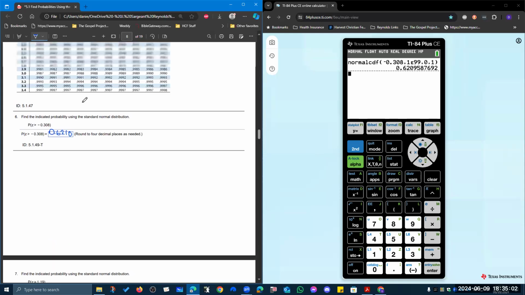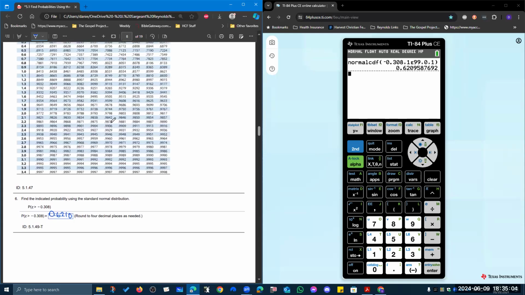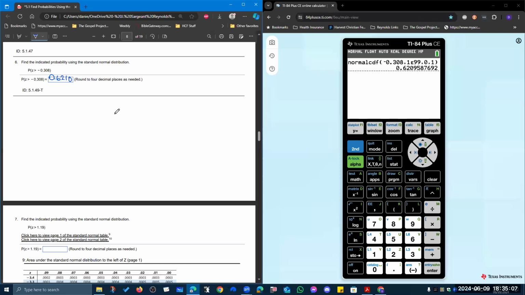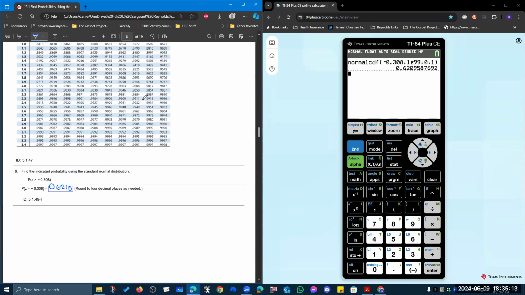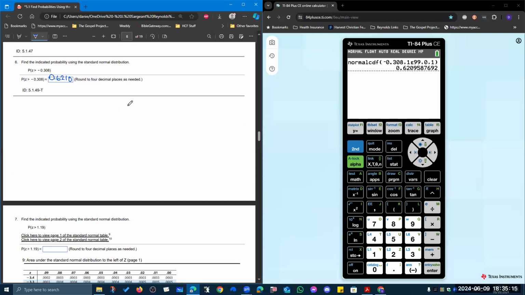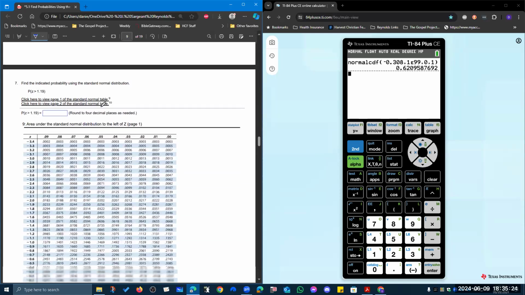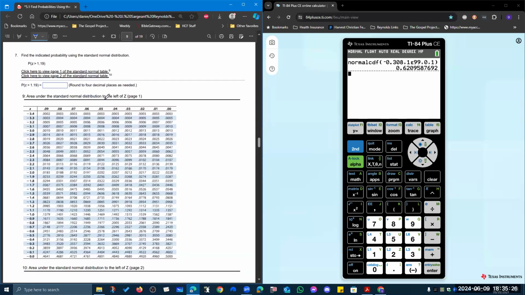Otherwise, if it gives you the Z table, assume that it wants you to use the Z table to answer the problem, because you're going to get some variation in your answer if you round and use the Z table when you're supposed to use the calculator, or you're going to get a more exact answer sometimes from your calculator than the table, and your answer will be off, and you don't want that.